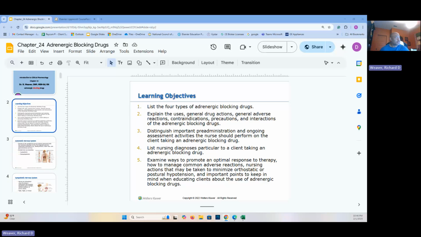I'm not really sure if it's sharing. It usually puts a red border around what I'm sharing. So let me stop again. I just want to make sure you are able to see what I am sharing.